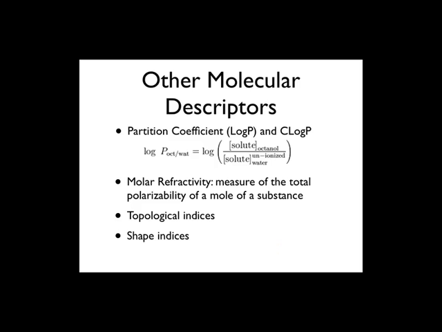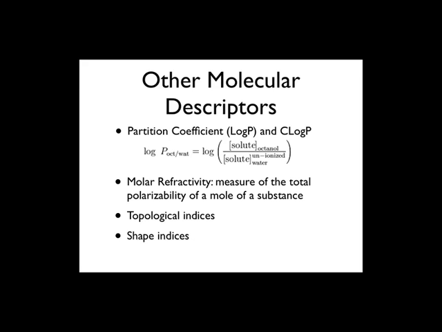There are other molecular descriptors which are not often used for Tanimoto similarities, but they can be useful for looking at properties of the chemicals, such as the partition coefficient, which is the log of the ratio of your chemical in octanol versus the concentration in unionized water.